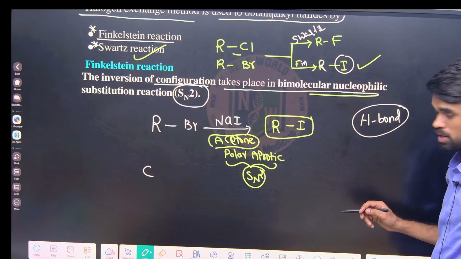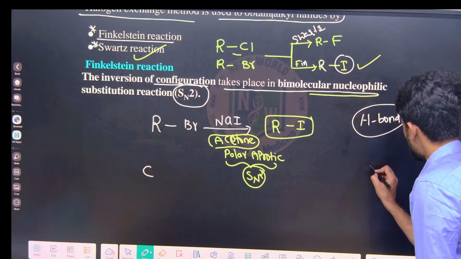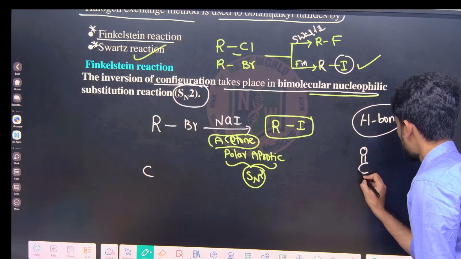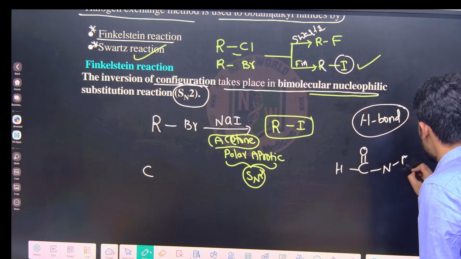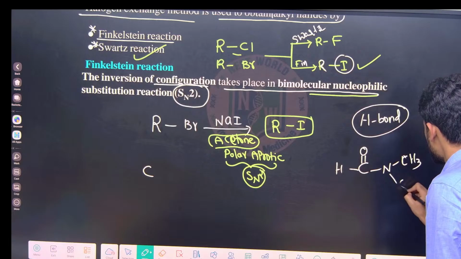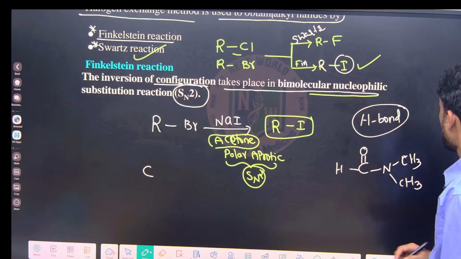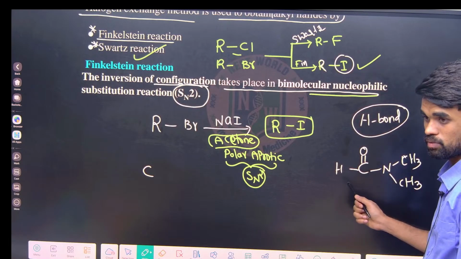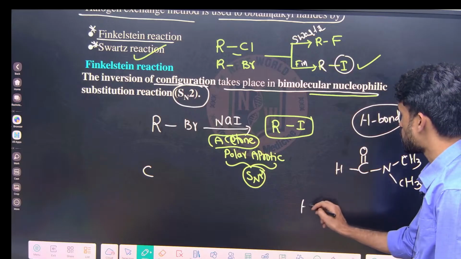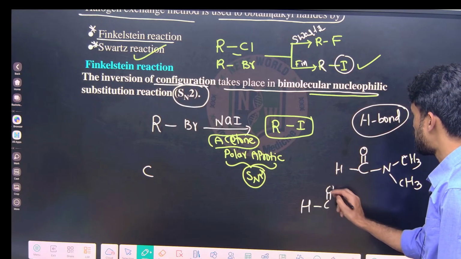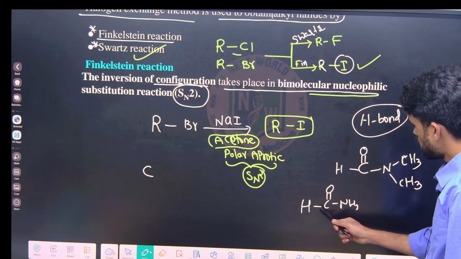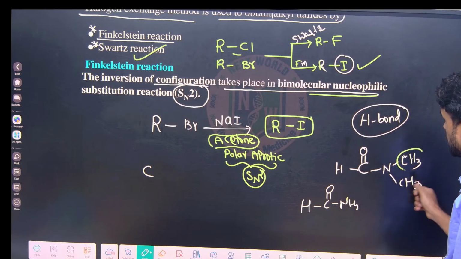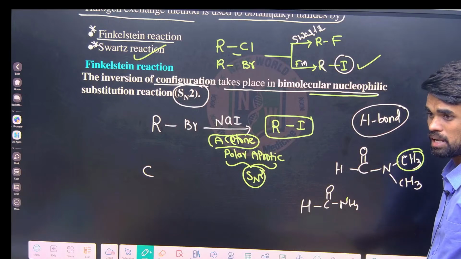You want an example? See, this is N,N-dimethylformamide. This is formamide, an amide, CONH2 means amide. So here on the nitrogen we have two methyl groups, so you can say N,N-dimethylformamide.